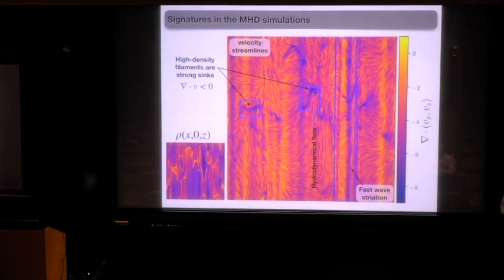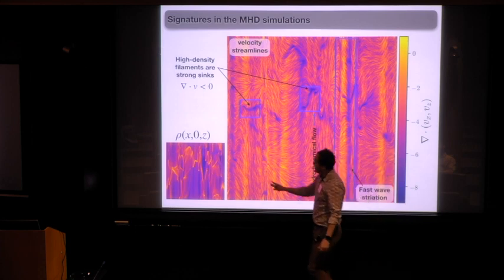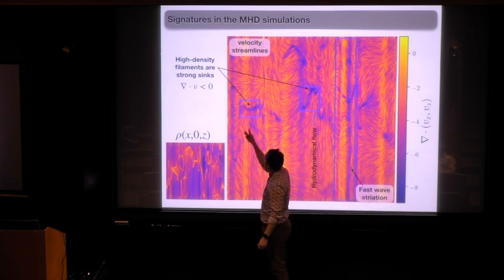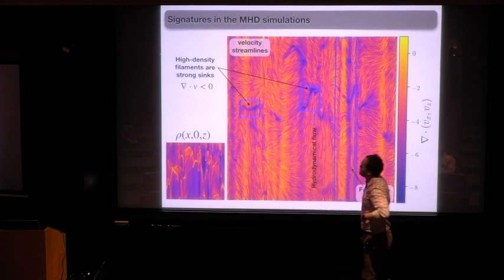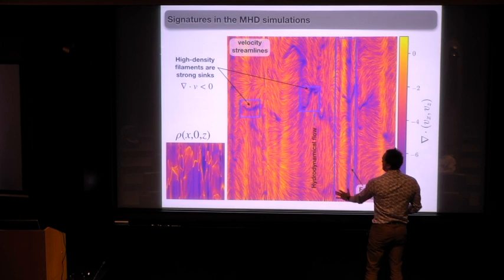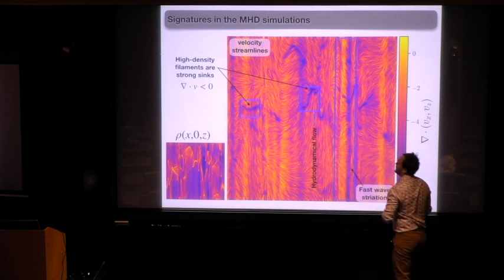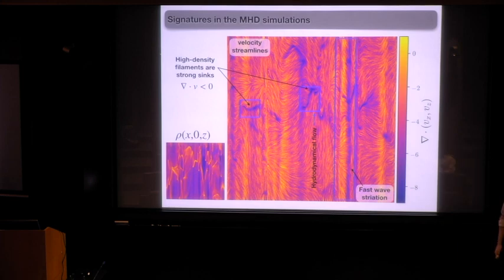And we can actually see that, so we can take our simulations, draw a bunch of velocity streamlines. Here I've convolved the streamlines with the divergence of the flow. And you see all this hydrodynamical flow flying up the streamlines, creating these extremely divergent, negative divergent structures, these hydrodynamical shocks. And you also see this kind of transient magnetosonic wave moving through the flow like this big structure here. Very cool. I like that picture.